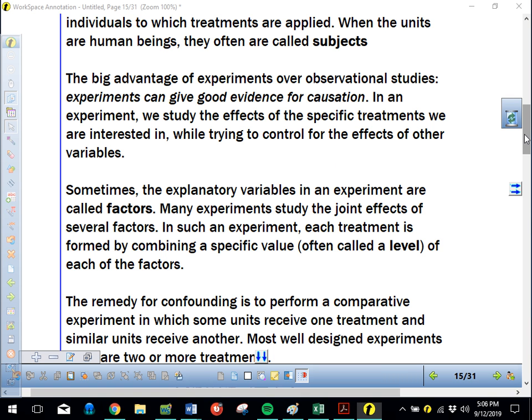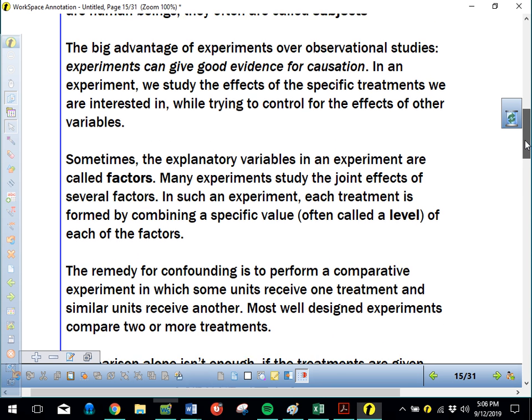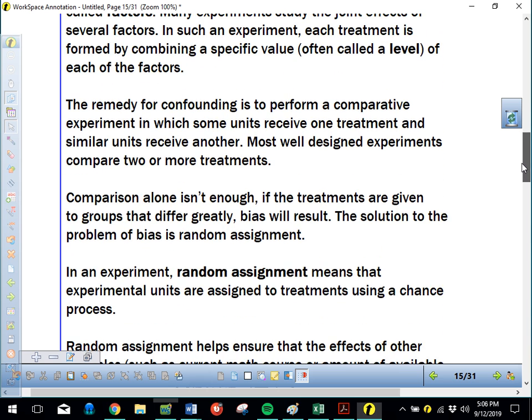Sometimes we call explanatory variables factors, and when you combine certain factors in a certain way, we'll call those different things levels when you're studying that joint effect of several factors. We always like comparative so that we can get rid of the confounding.